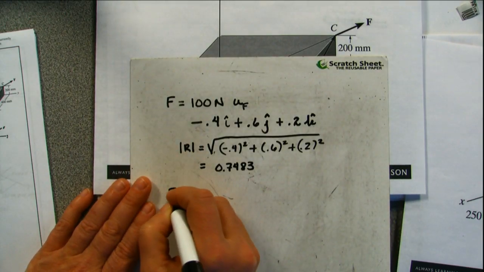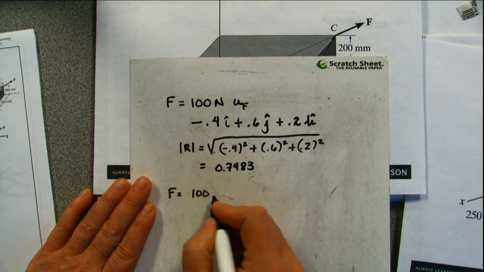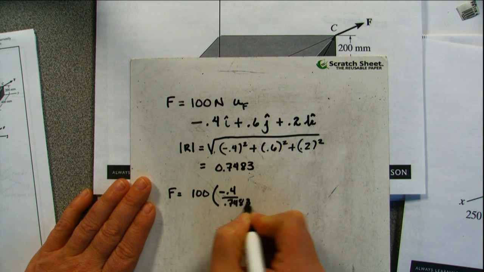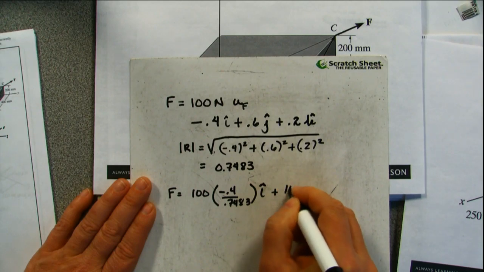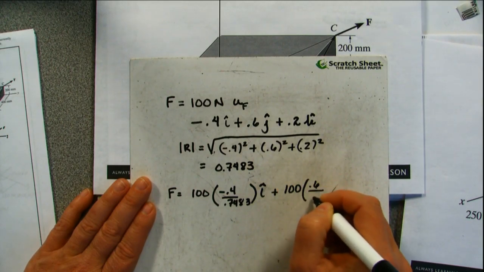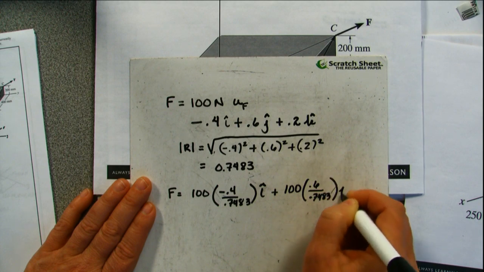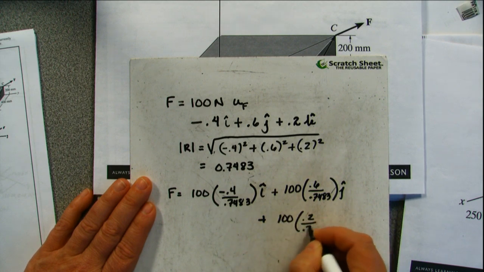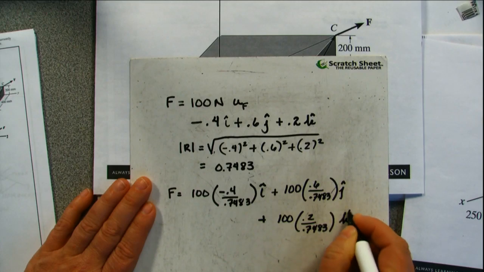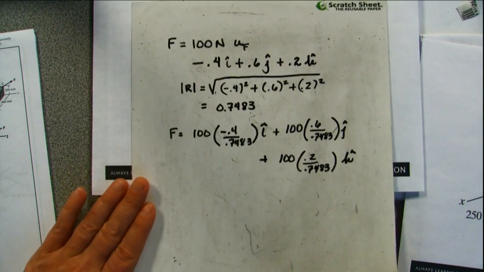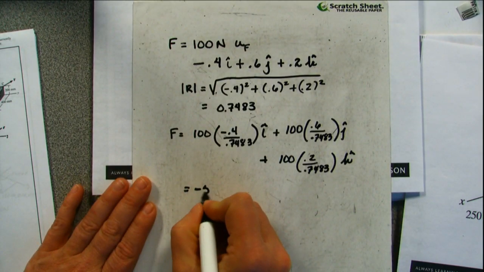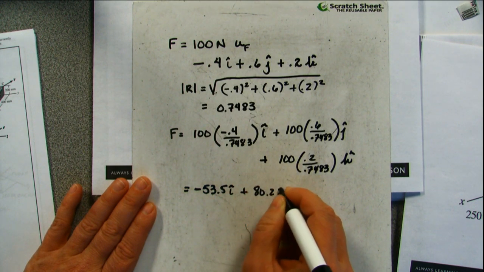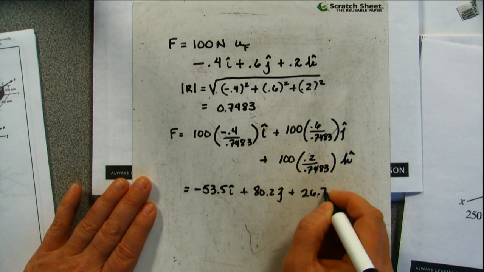So F is going to equal 100 times minus 0.4 divided by 0.7483 in the i direction, plus 100 times 0.6 divided by 0.7483 in the j direction, plus 100 times 0.2 divided by 0.7483 in the k direction, which should end up being minus 53.5, 80.2, 26.7.